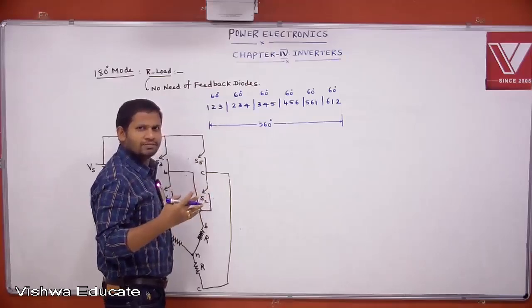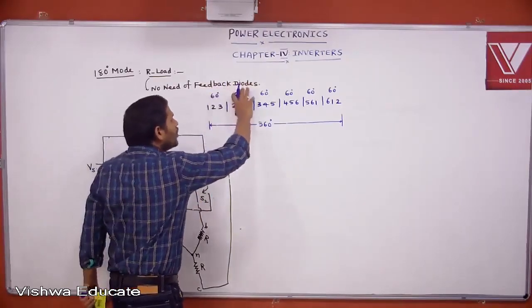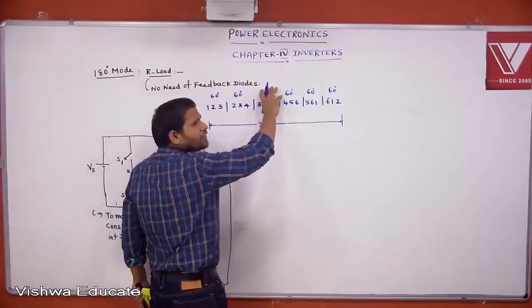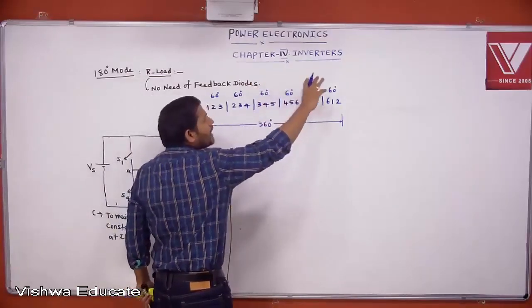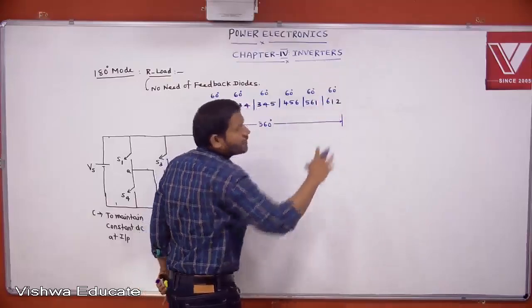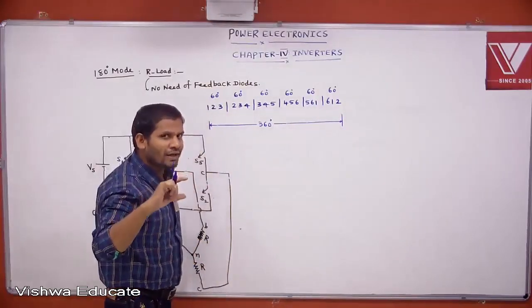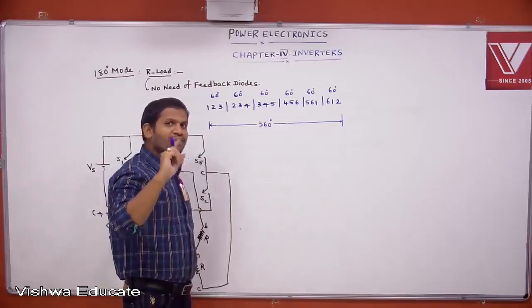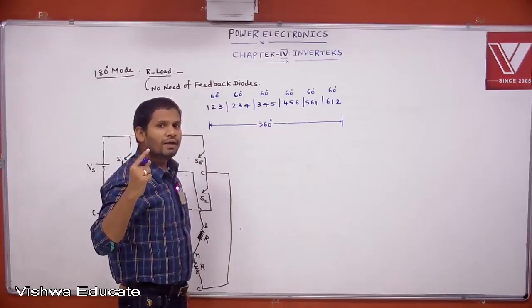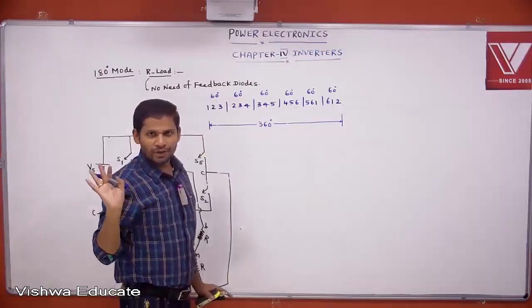Here the third is triggered, then the fourth, fifth, sixth, first, second. At every 60 degree instant we are triggering a switch, but each switch conducts for 180 degrees. That's why it is called 180-degree mode of operation.